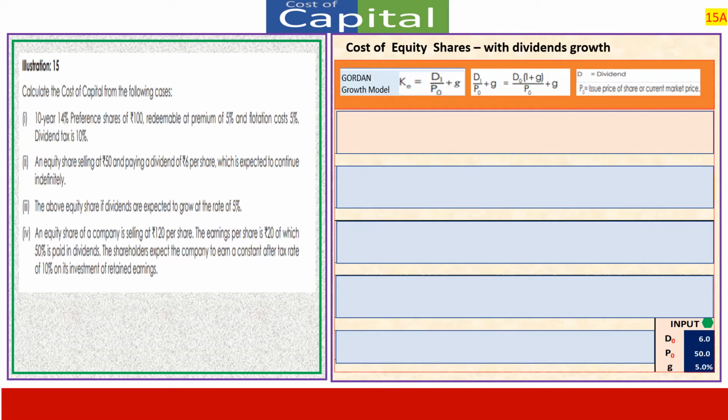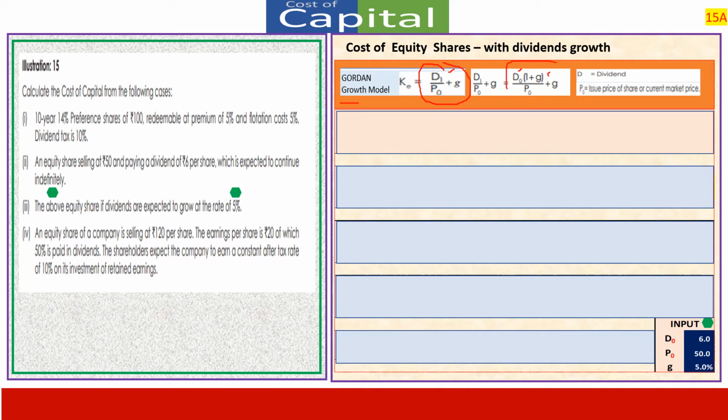Now third comes the growth based. What it says is the above equity share of 50 rupees and 6 rupees dividend, if dividends are expected to grow at the rate of 5%, there is a growth. The moment there is a growth, Gordan's growth model comes into picture. Gordan's original growth model is given as D1 divided by P0 plus G. D1 is nothing but the current dividend into 1 plus G, the next year's dividend, plus growth.